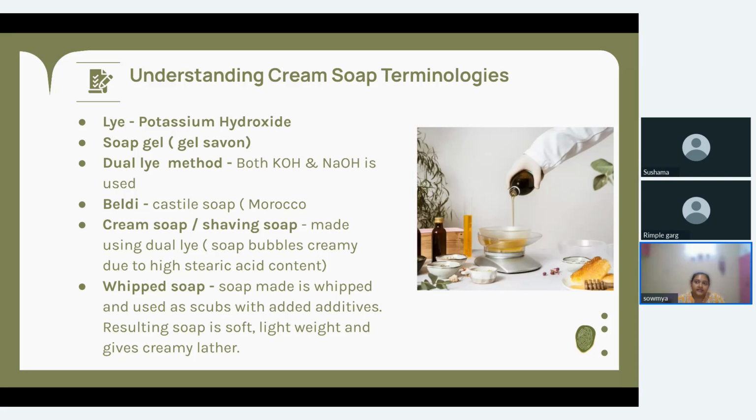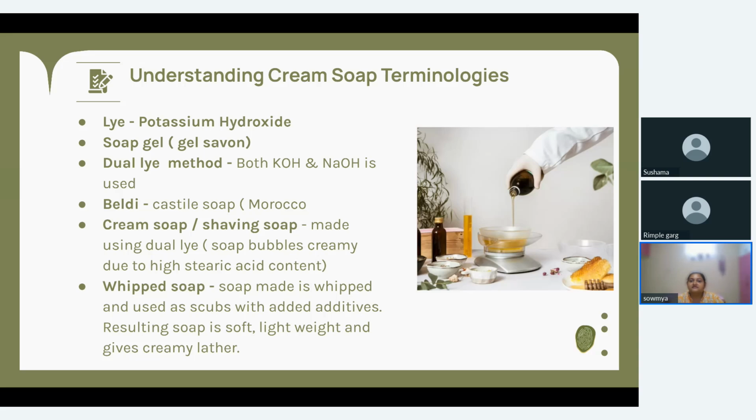You need to make the lather. You have to dip that shaving brush in a small amount of water and rub it on the surface of the soap to build the lather.